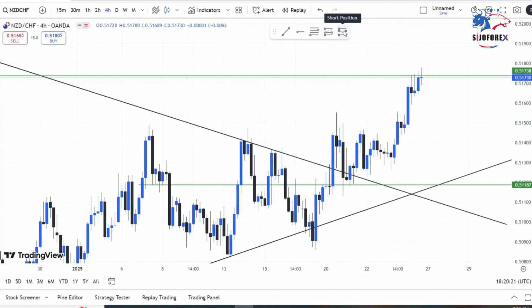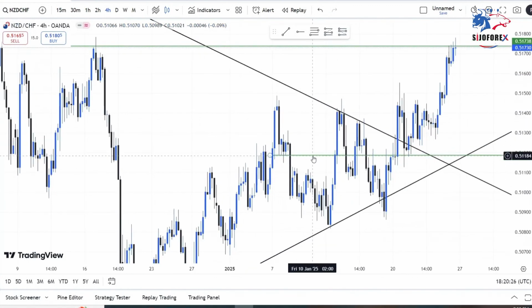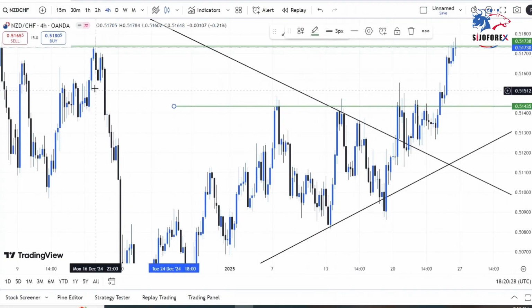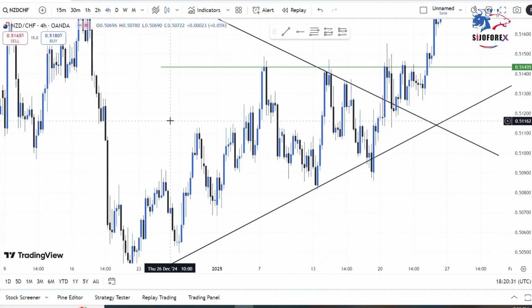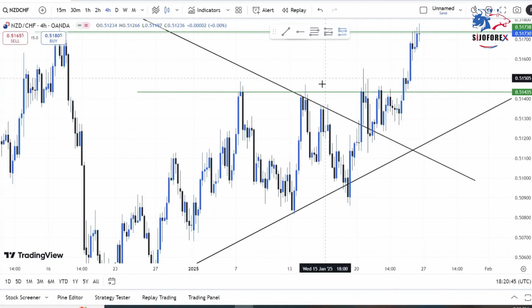For the short position, if you are selling, the market was trending downward and you are looking for sales only. The market trended here, then came back up to this trend line. If you wanted to short this market from here, you can use your short position after this strong bearish candle.